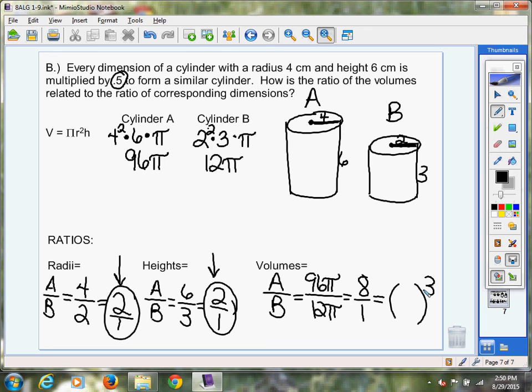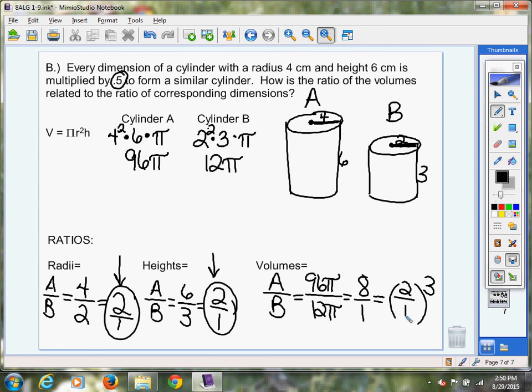What number times itself again would give me 8? And if you're thinking, oh, that would be 2, you're exactly right. So for area, if I square the ratio of the sides, I'll get the area ratio. For volume, if I cube the ratio of the sides, I'll get the ratio for the volume.